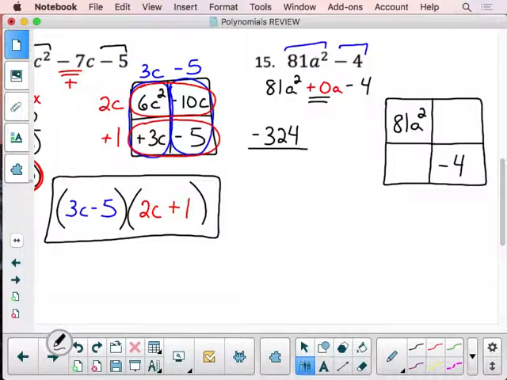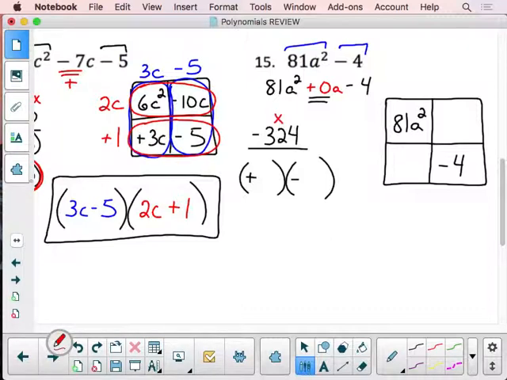Negative 324. And you might be thinking, how am I supposed to know all the factors of 324? Well, let me let you in on a little secret. You don't have to know them all. All you know is you've got a positive number and you've got a negative number. And when we multiply those two together, you have to get negative 324. But you have another ace up your sleeve.